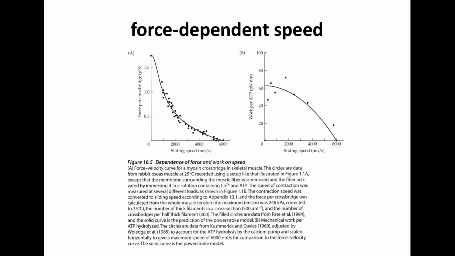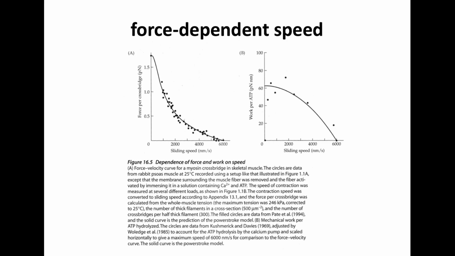The data clearly show a correlation between the two parameters. Either the motor is very slow, then it can pull a high load, whereas when it's very fast, and the maximum speed here is 6,000 nanometer per second, then it cannot bear any force.